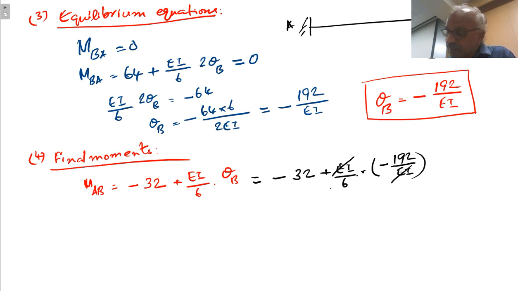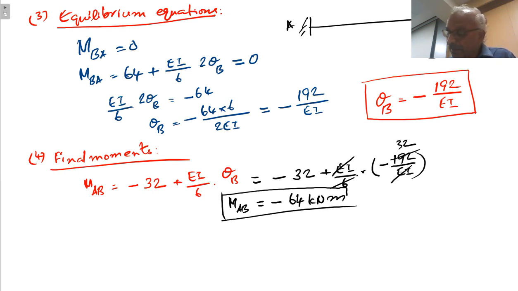So this becomes minus 32 minus 32, that is, MAB equal to minus 64 kilonewton meter. This is one answer.